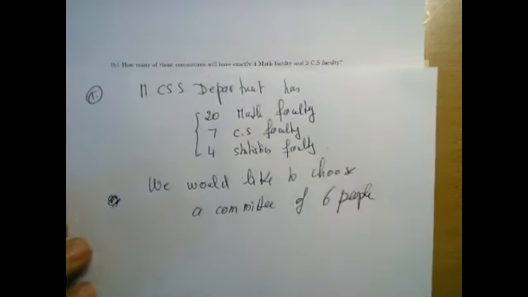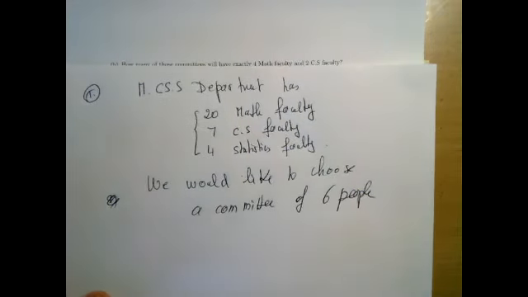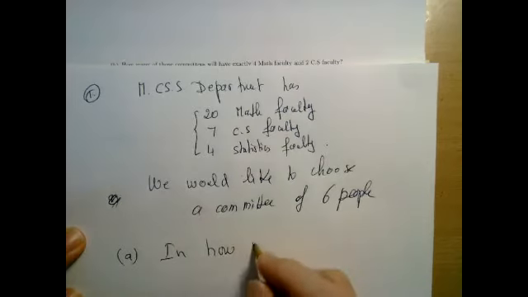Okay, that's a scenario. And now I'm going to give you a bunch of scenarios. The first one is always my easy scenario. In how many ways can this be done?